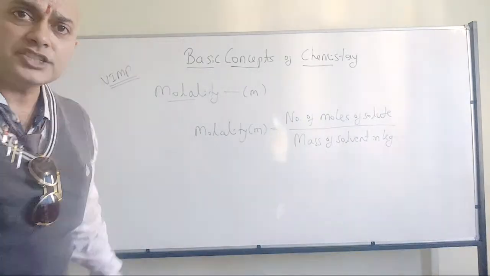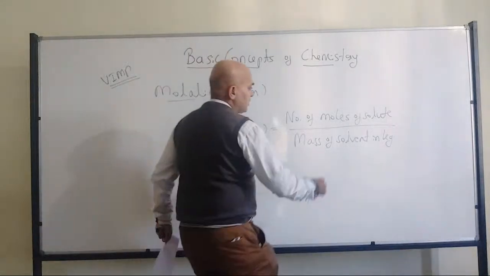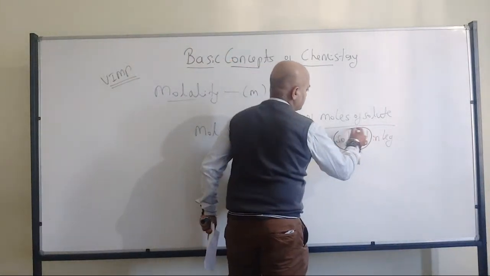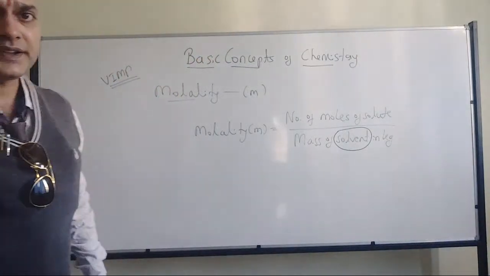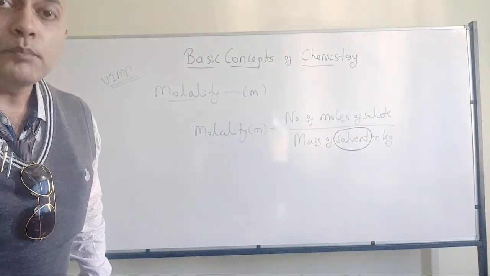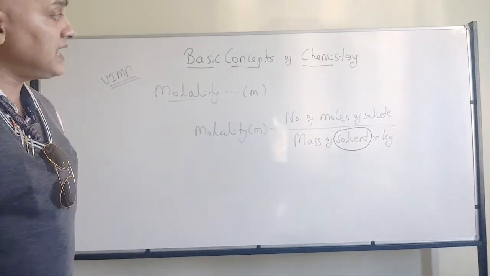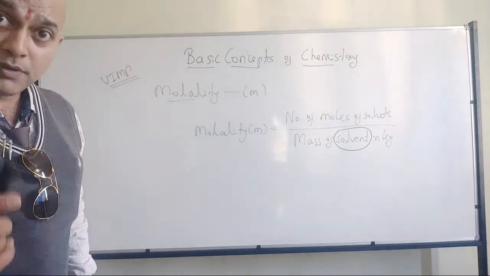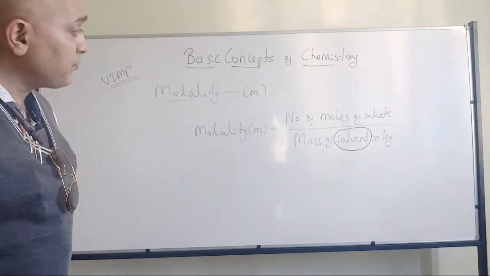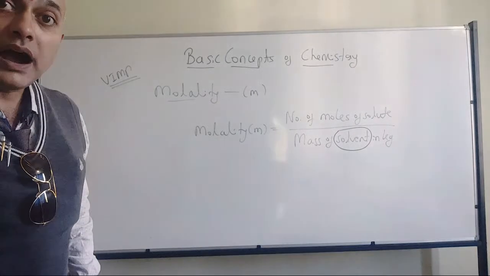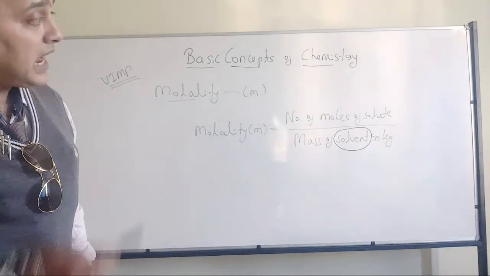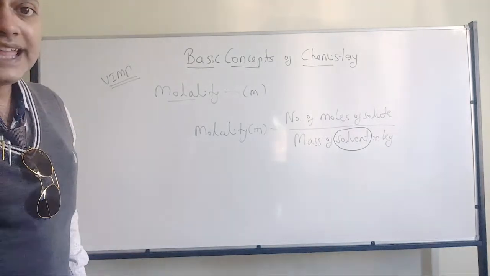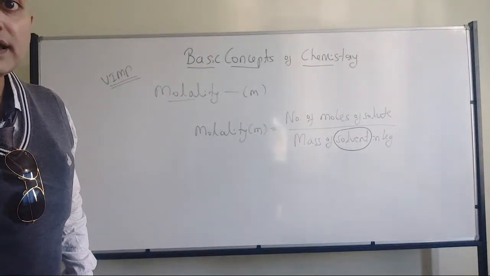All of you have understood? Try to focus on this particular word, because that's where many students make the mistake. In the case of molarity, it is solution and volume. In the case of molality, it is mass and related to solvent. And focus on the last word, kg. In kg, not in grams.